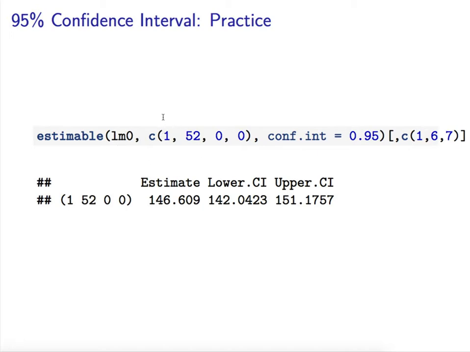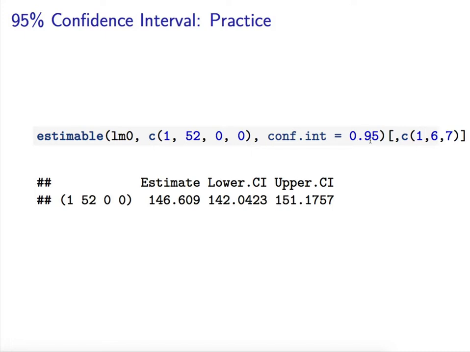We are predicting for an individual, so we include the intercept. The individual is 52 years of age, so we put 52 in for this value here. And because they are untreated, these two coefficients are going to cancel out and they will be equal to 0.